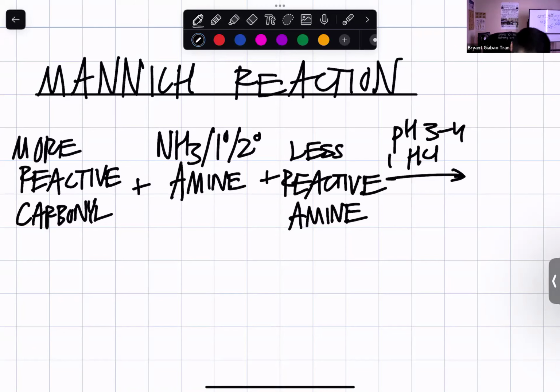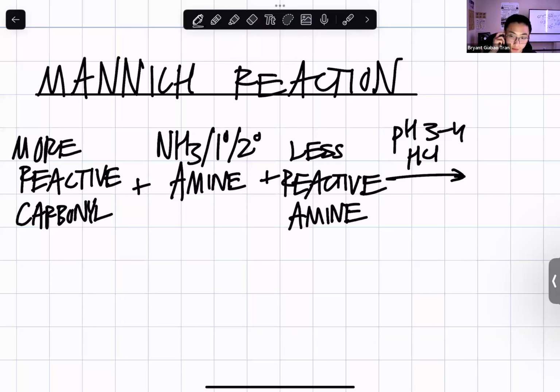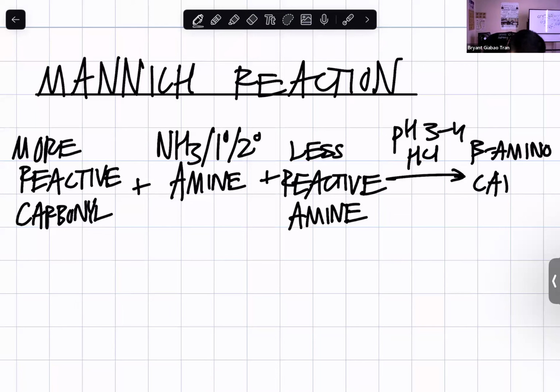And the product for the Mannich reaction is always going to be a beta amino carbonyl. I'll show you what that is when I go over the specifics. That's how you can check if you have the right answer or not, by checking if you have a beta amino carbonyl. Okay.